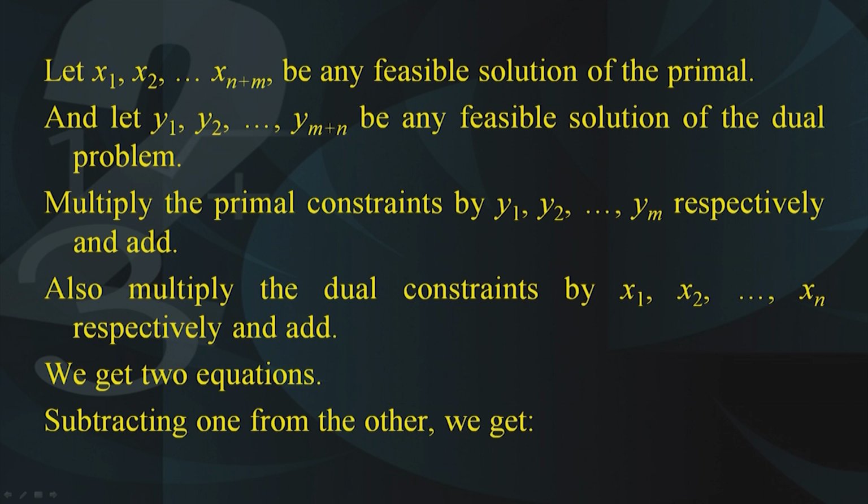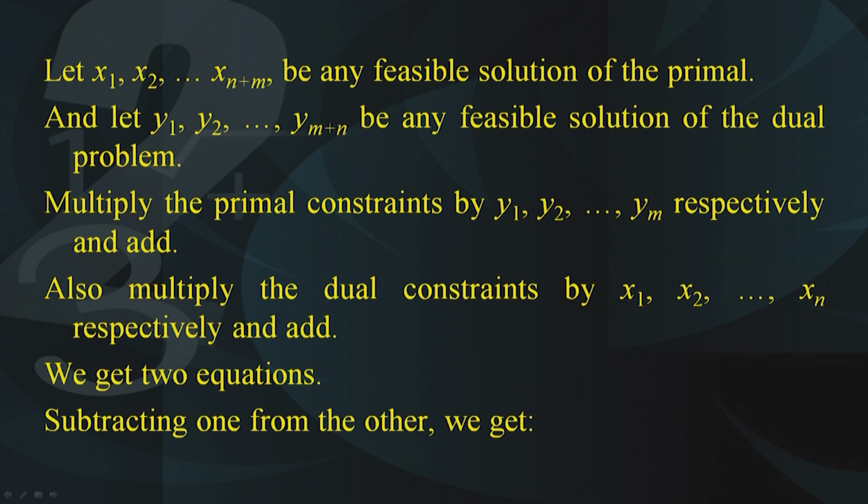Similarly, we will multiply all the dual constraints by their respective variables, that is x1, x2, etc. That is, the first constraint of the dual will be multiplied by x1, the second constraint will be multiplied by x2, and so on, and they will be added.